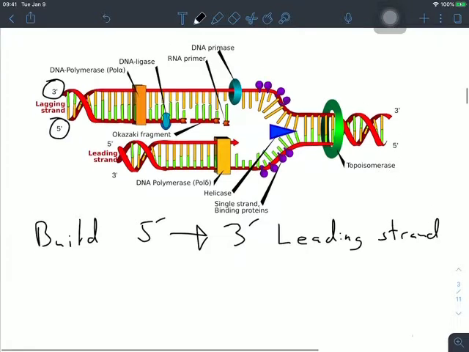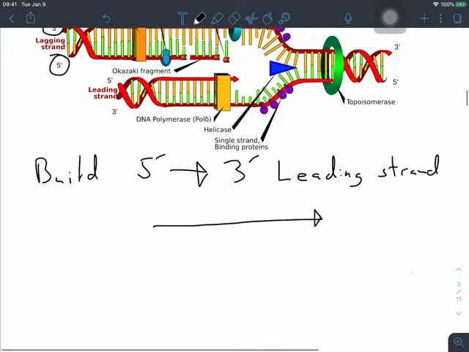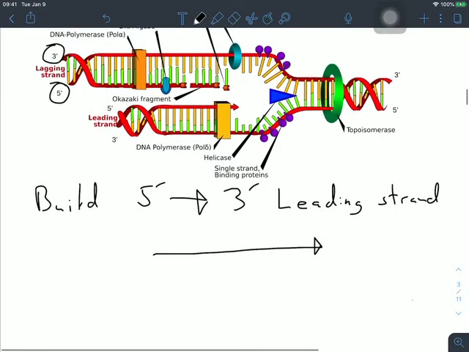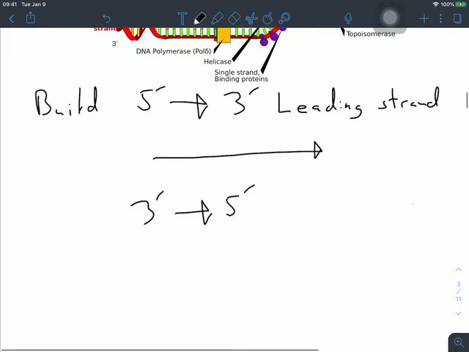And the reason why it is leading is because the enzyme that copies DNA is able to just walk along in one direction on the leading strand up until the job is done. When you are trying to copy the other side, meaning going from 3' to 5', you instead, because of this enzyme, can only go in the direction of 5' to 3'. So you're going to have to build in chunks.